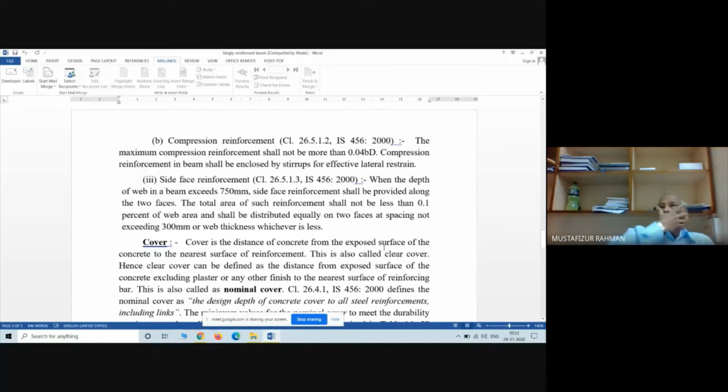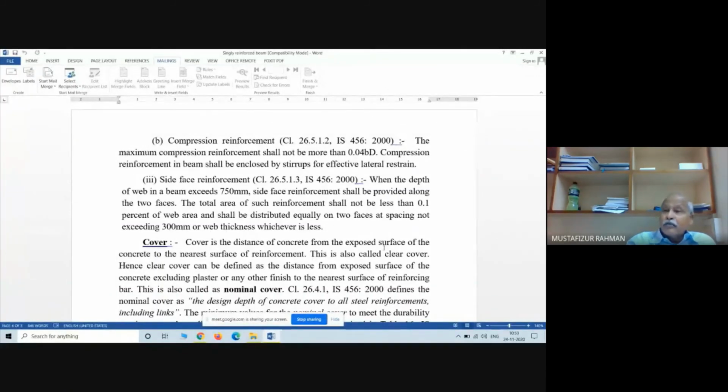Now, if we go for a doubly reinforced beam, a situation may arise. We are providing reinforcement in the tension zone, no doubt. We have to provide reinforcement in the compression zone also.